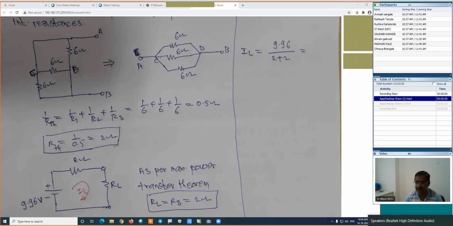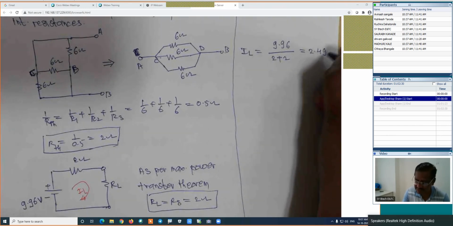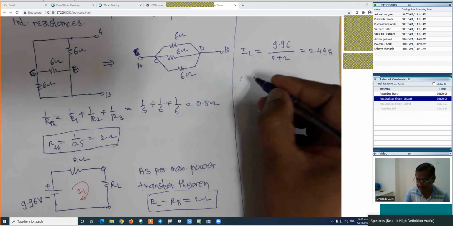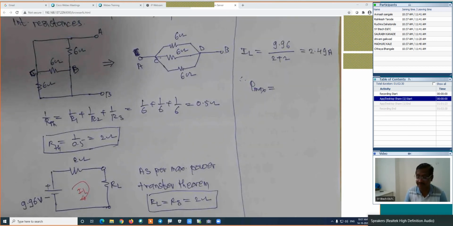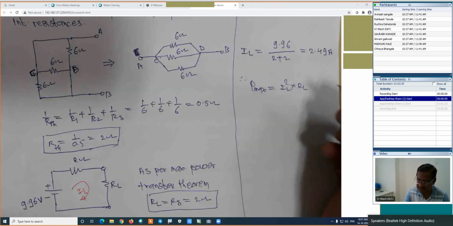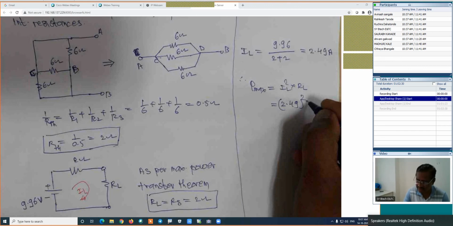How much is the value? Yes, 2.49. This is 2.49 amperes is the value of the load current. If we know the load current, therefore Pmax, that is maximum power transferred to the load, in this case will be IL square into RL, which is equal to 2.49 squared into RL, which is 2.